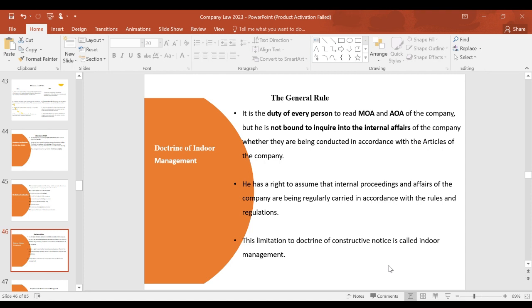However, one is not bound to look into the internal management structure or internal governance of that particular company, and it will not be of any use to look into the internal affairs of the company, as the law protects the internal management of that company. And that is under the doctrine of indoor management.